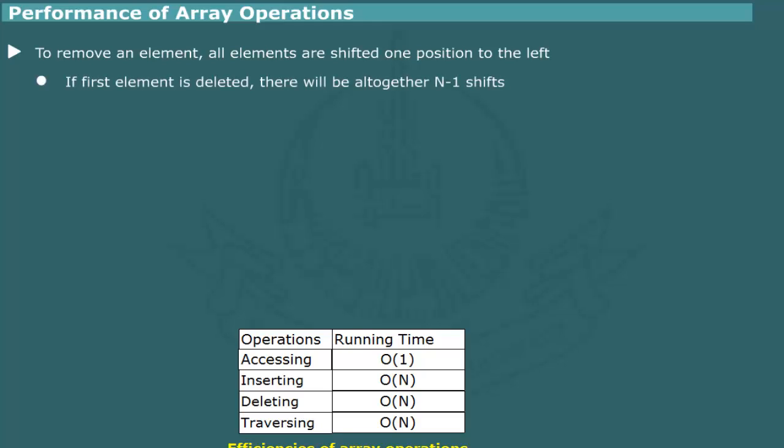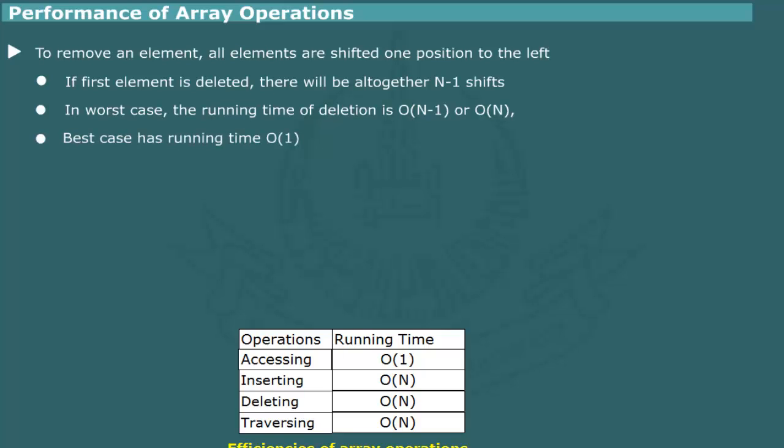Thus, if the first element is deleted, there will be altogether n-1 shifts for an array of size n. Since shifting is the only major operation in deletion, we can conclude that the running time of deletion is O(n-1) or O(n) in the worst case. If the last element is to be deleted, no shifting would be involved. Thus, best case has running time O(1).